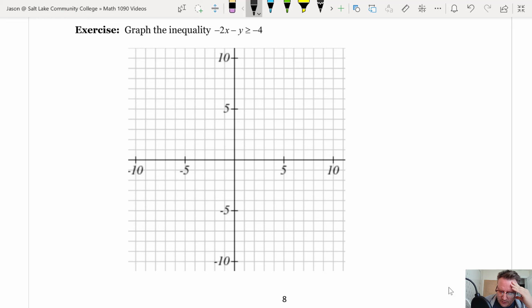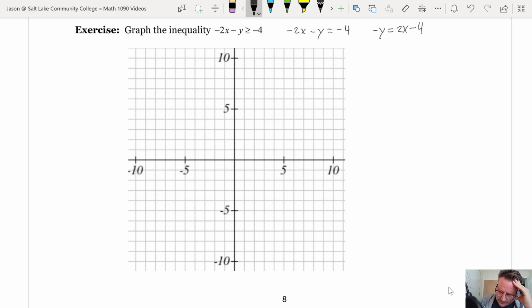If you like, you can change this into an equation and then solve for y, just like this. Negative 2x minus y equals negative 4, and now solve for y. I would get negative y equals 2x minus 4.